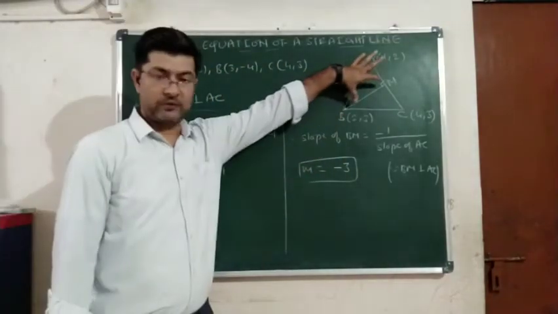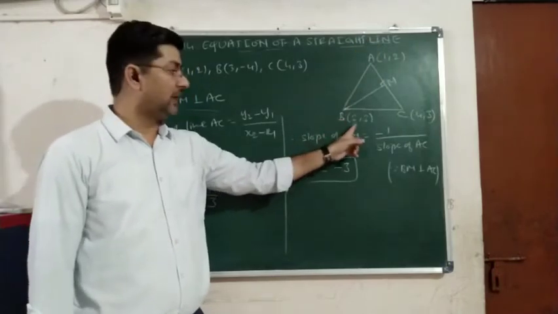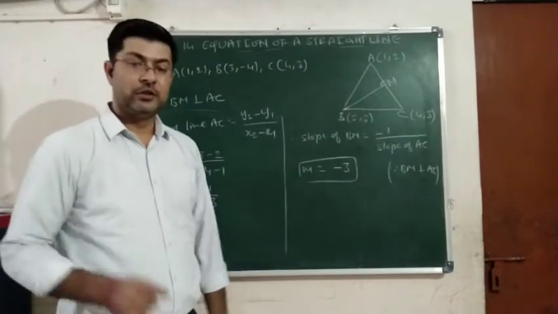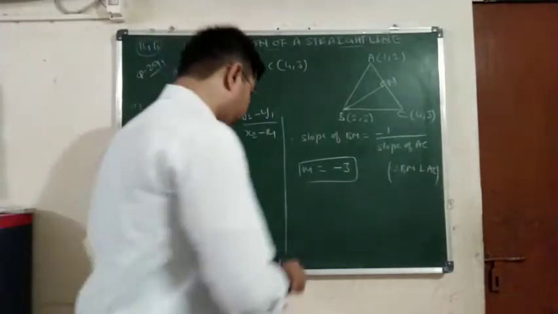Now we have the slope of line BM and a point B having coordinates 2, 3. So we can now use the point slope formula.